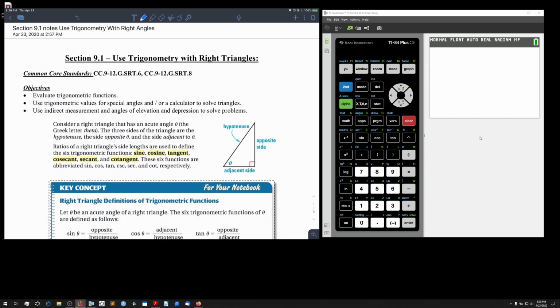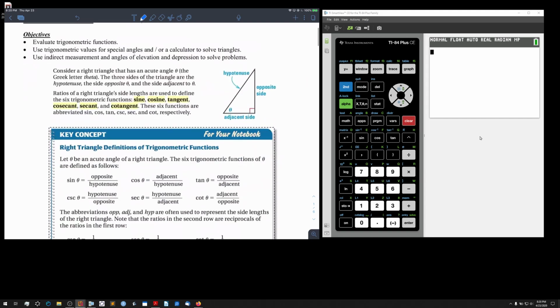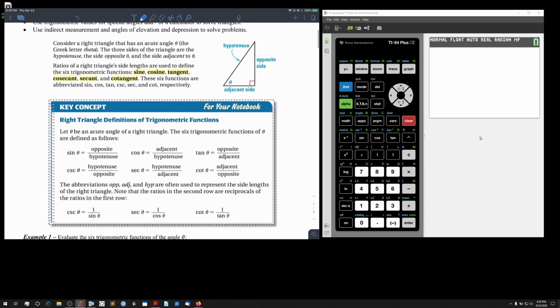Let's jump in and actually just do some math. Okay, so right triangles. Everybody's okay with right triangles, I'm assuming. You know that we call the side opposite the right angle the hypotenuse, and if this is my angle theta, we call the side opposite this angle the opposite, and this side is called the adjacent.